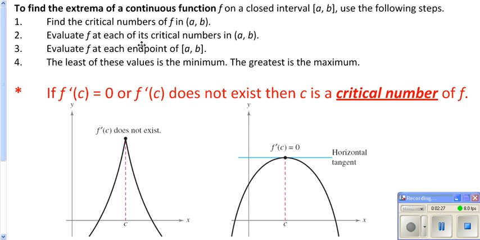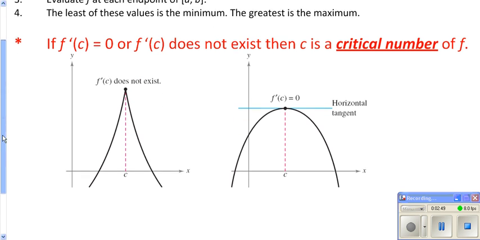In addition to evaluating your function at the critical points where your derivative is 0 or undefined, you also want to evaluate it at the endpoints of your interval. The least of these values when you evaluate it is your minimum. The largest of all these is your maximum.